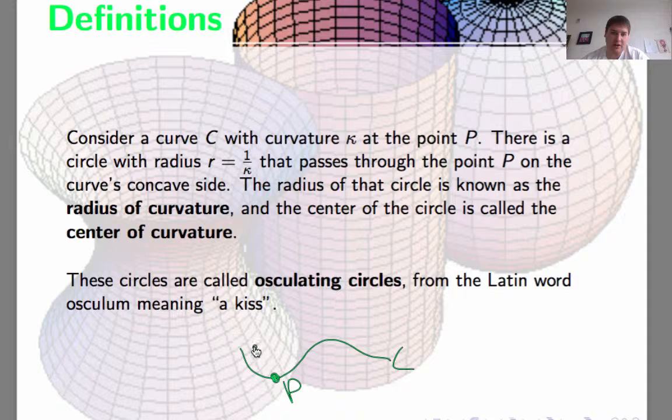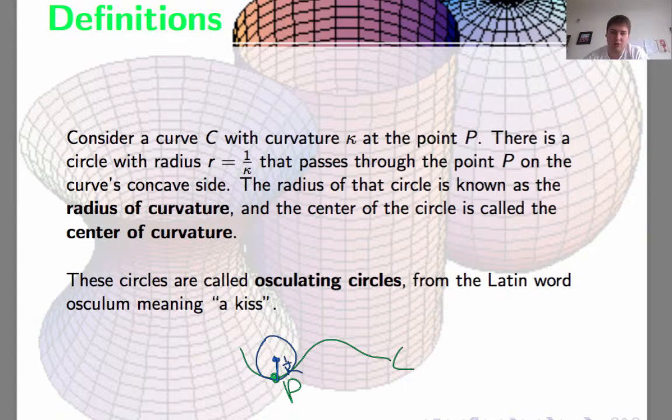And what we've got here is we could draw in a circle. I would say that this circle gives us a really nice idea of what the curvature is at that point P. And so what's happening is the radius of the circle, so from the center to P, the radius is given by 1 over kappa. And it's on the curve's concave side.